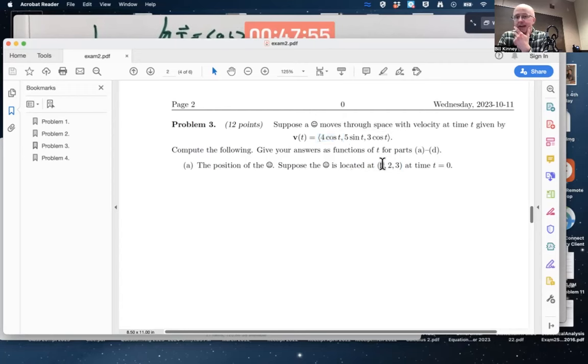So if your initial x coordinate is 2, the first component would be 4 sine t plus 2. Second component, you have to integrate this to get negative 5 cosine t. Cosine of 0 is 1. Negative 5 times that would be negative 5. You want to be at 2. You'd have to add 7, I guess, to that. Negative 5 cos t plus 7.